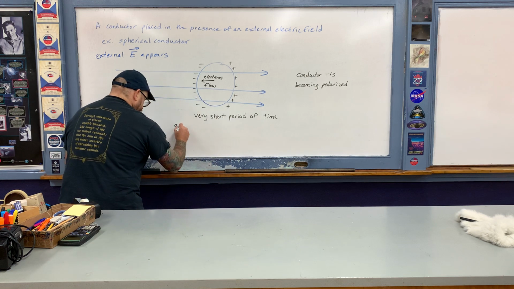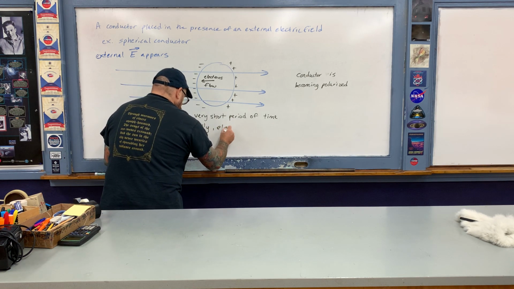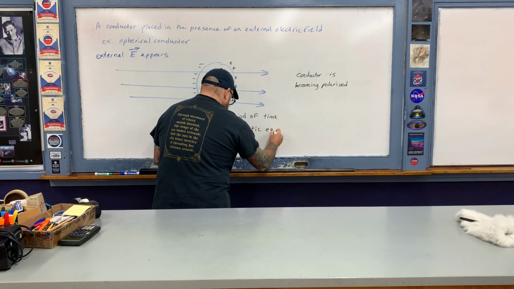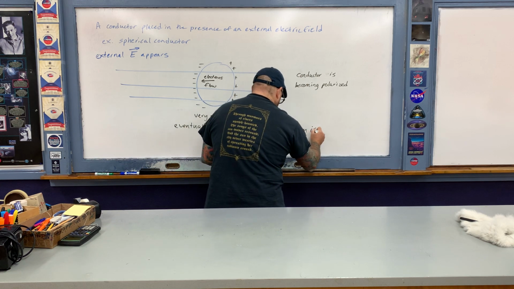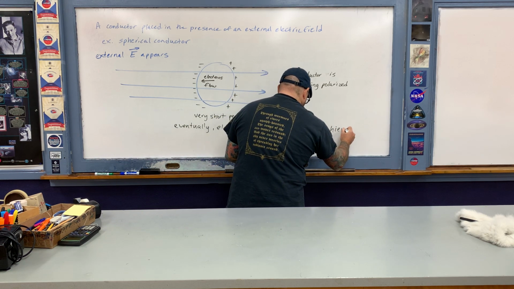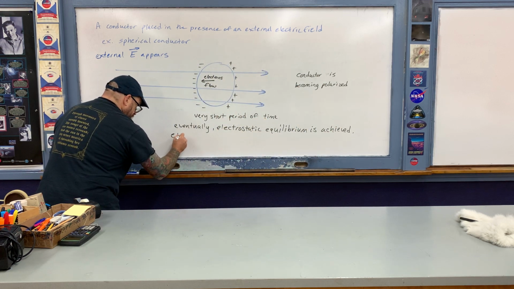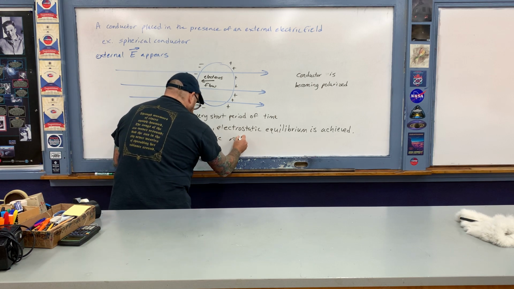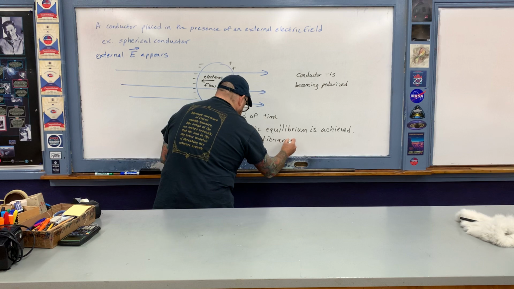So eventually, electrostatic equilibrium is achieved. In other words, the electrons are now stationary. The piece of metal is completely polarized.